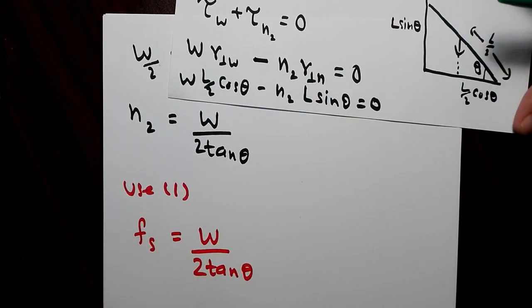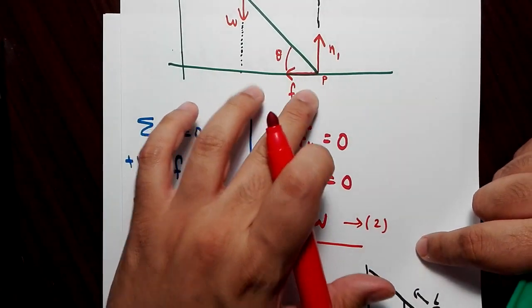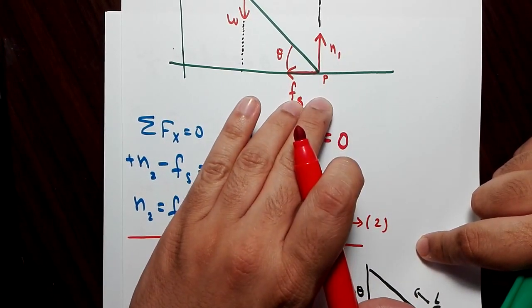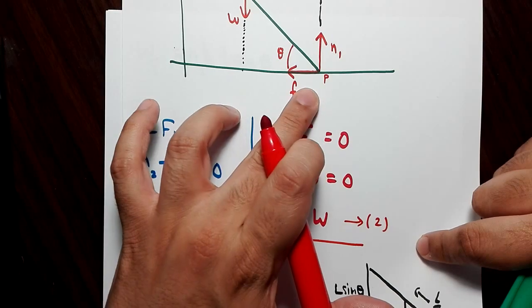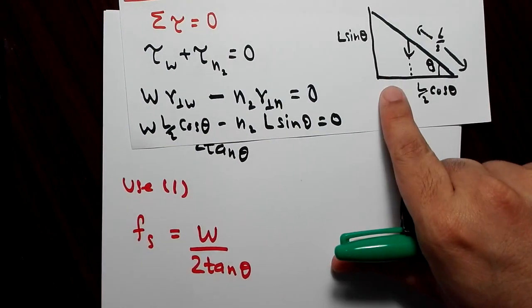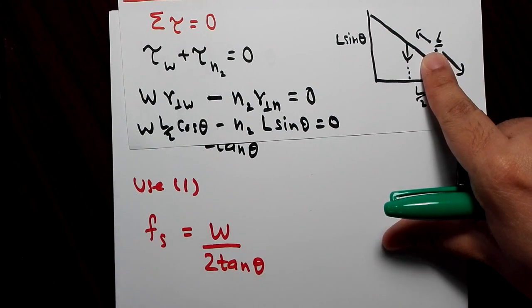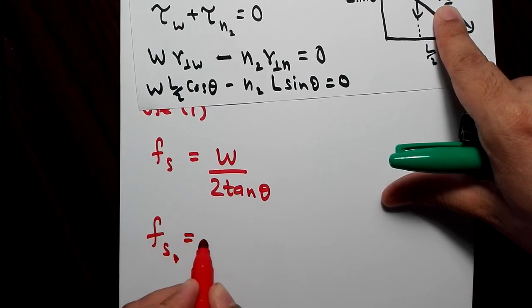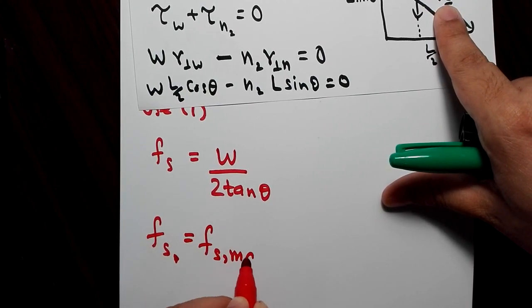Now in order to prevent the ladder from slipping, we want the static frictional force to be at its maximum, so that the ladder doesn't slip. We want Fs to be equal to Fs max.